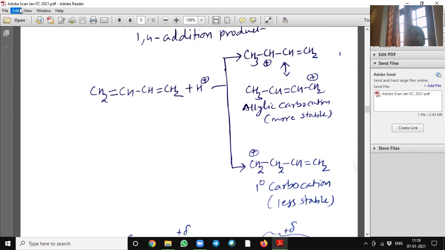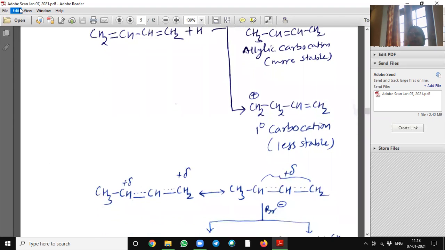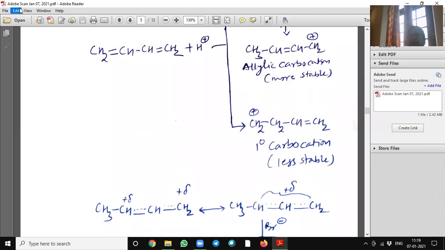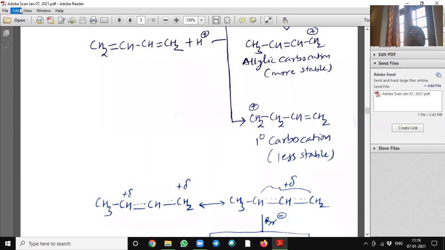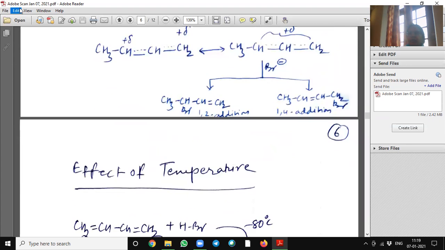It is more stable, and a primary carbocation is less stable. In this allylic carbocation, the electrons are dispersed to the nearest carbon, and after dispersion it will give 1,2 addition and 1,4 addition product.